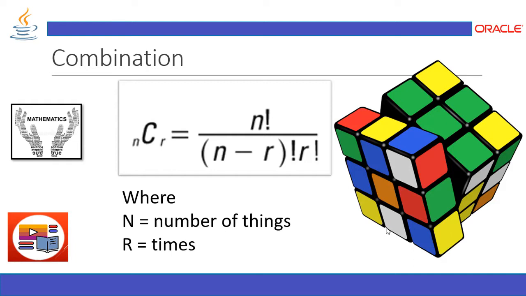The formula for combination is factorial n divided by factorial n minus r multiplied by factorial r, where n is the number of things and r is the number of times of the possibility, or you can say an event.